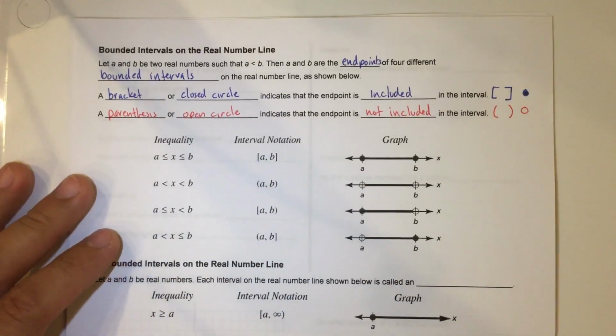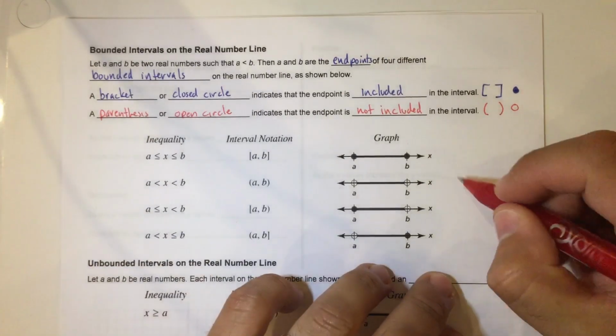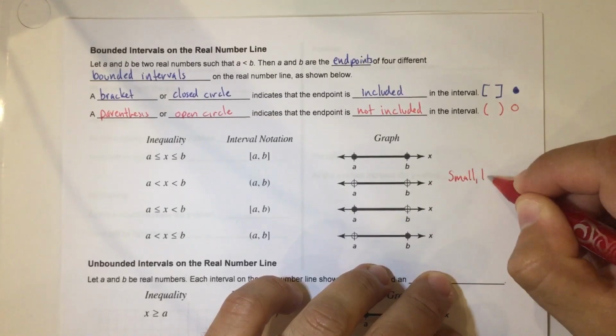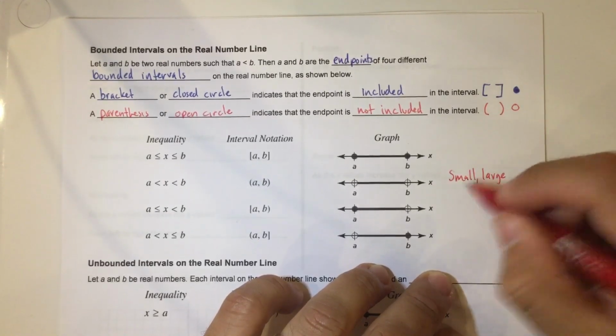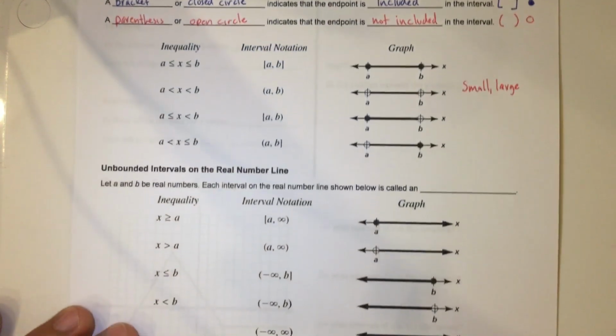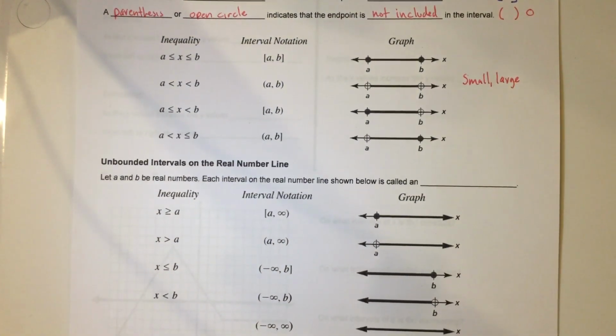So when you are doing this interval notation, make sure it's small number first to larger number second. So it's kind of like reading a book or reading a number line, always left to right, smallest to largest.